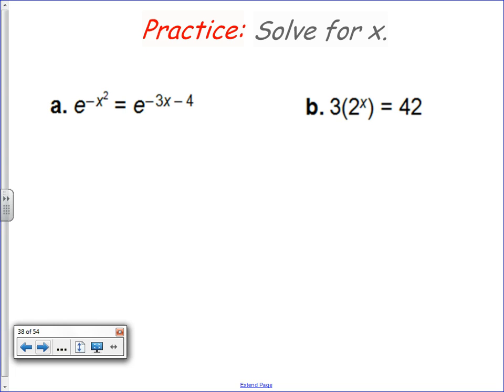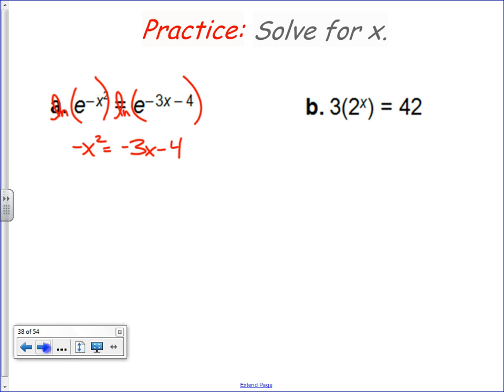You can just put negative x squared equals negative 3x in this one. Now, Enkem, would that be the same thing as if I took ln of both sides? ln of e to the, that stays, so same thing. Just by seeing the one-to-one property, I saved myself a step.